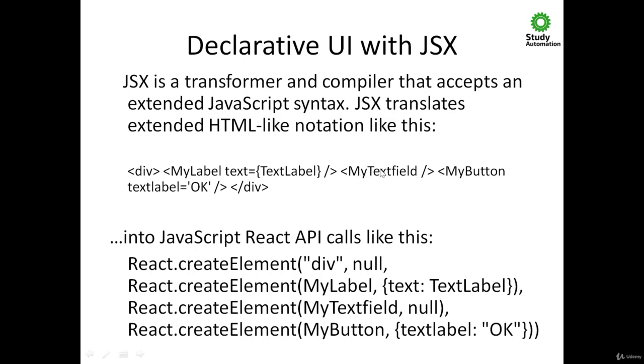So my text field is one of the components which starts and ends here. Then my button, text OK. Once we compile, then the JavaScript React API calls look like this. For each element, it will create a React element: div React element, my label, and then this one is the attribute, text field, my button. These things will be appended to the actual real DOM.